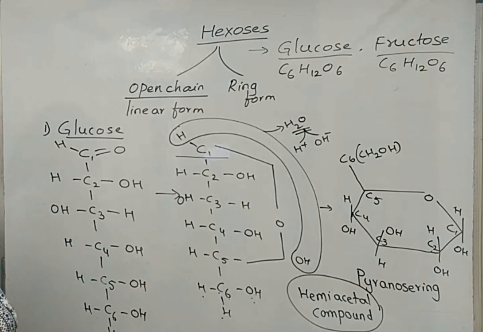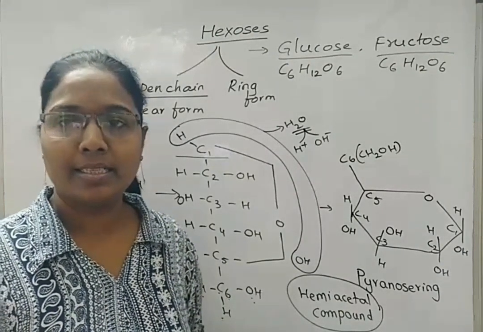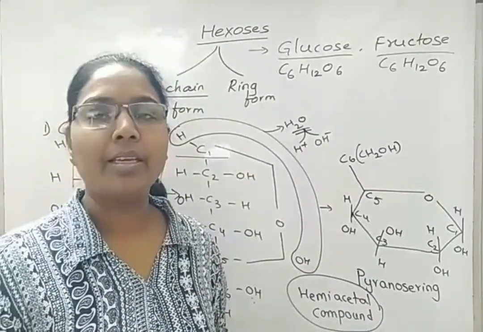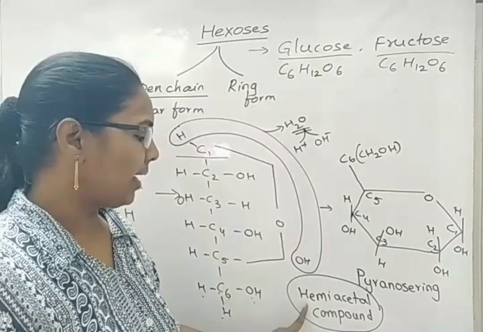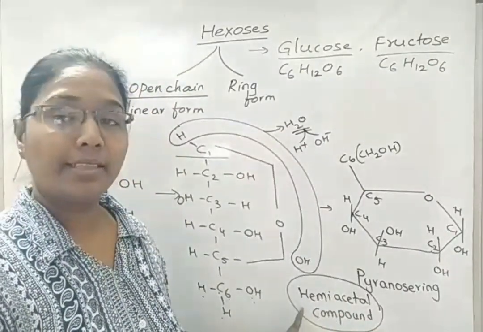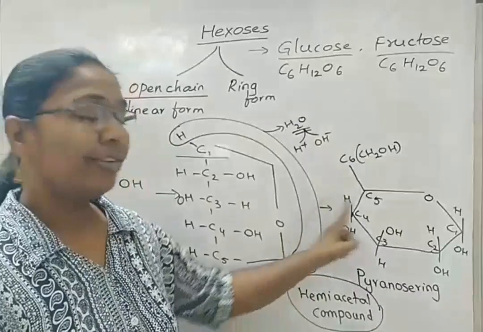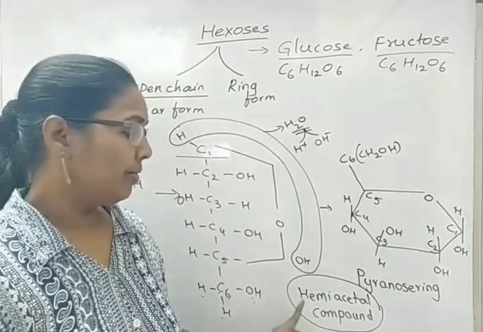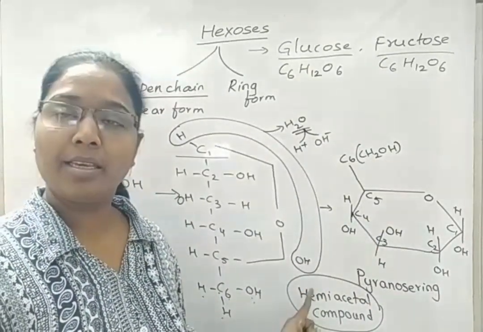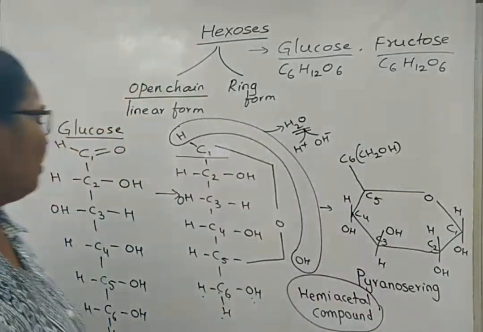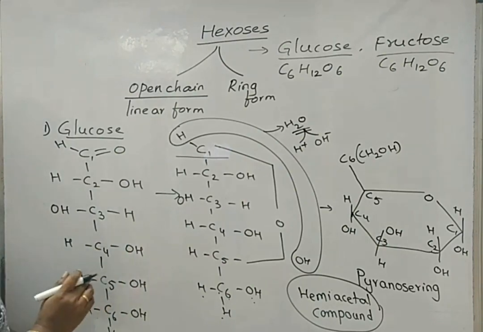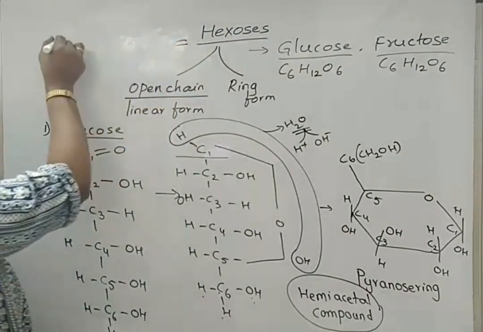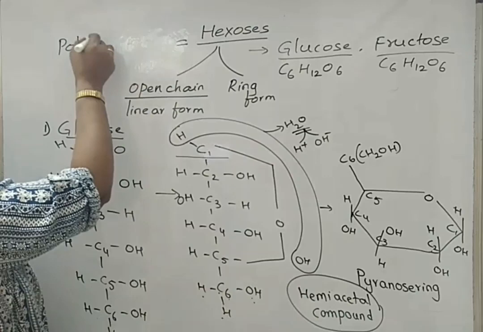But in the case of fructose it is not so, because fructose has a ketone group at its second carbon. So there we cannot use the term hemiacetal. There we use the term hemiketal compound after formation of the ring form from fructose. Now, there is another term commonly used for hexoses, that is polyhydroxy compounds.